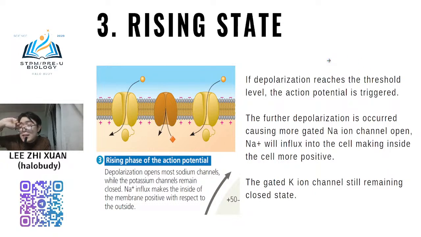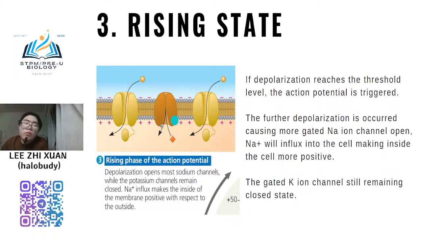Once the membrane potential has reached the threshold level, it will directly go to the rising state, meaning the action potential will start to trigger. In the rising state, your axon membrane potential will increase very high, very linearly, meaning that inside the cell will be positively charged.